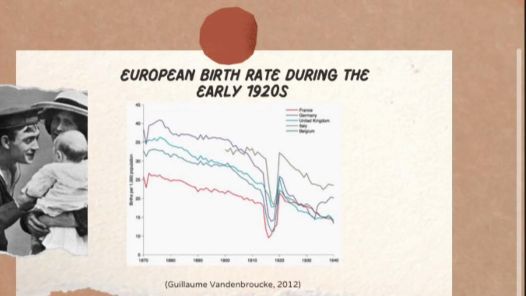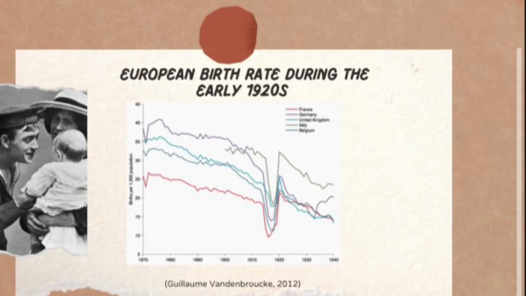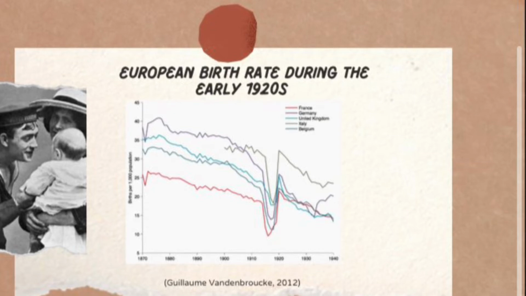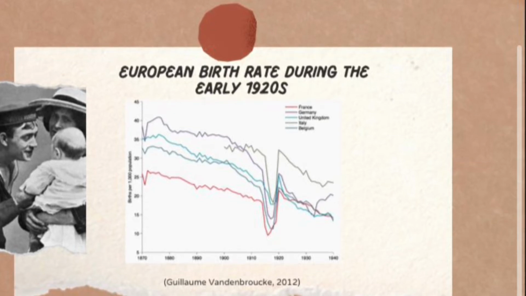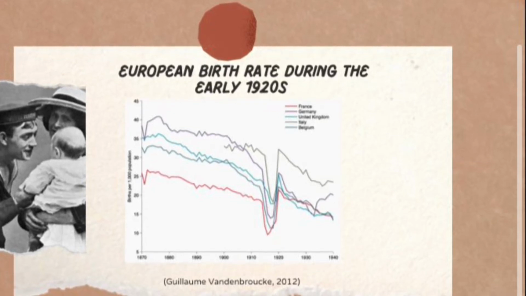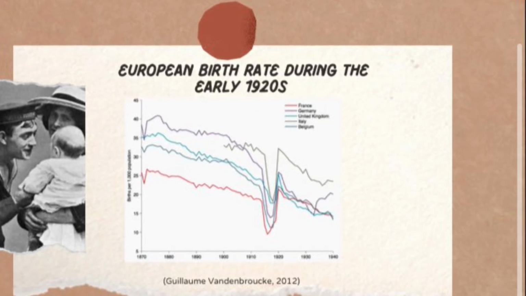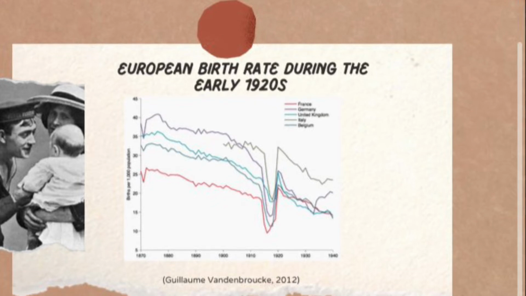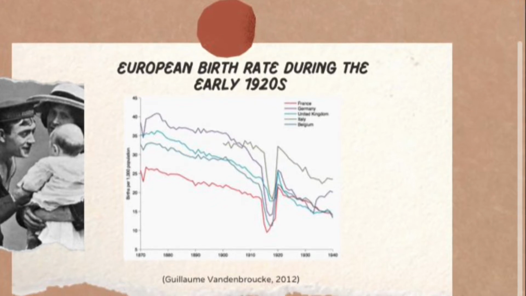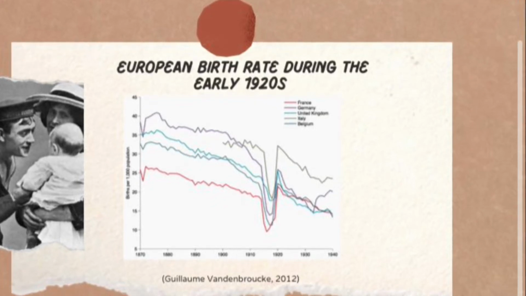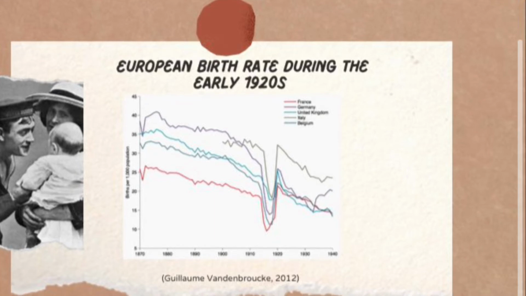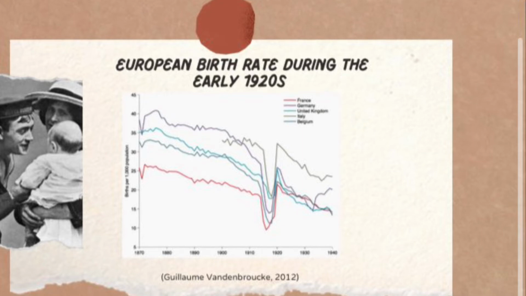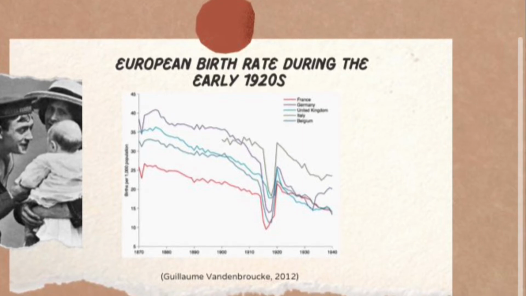I really like to link this as a domino effect so that you can visualize it better, because everything led to another thing and everything was linked. So casualties were of course linked to birth rates. Birth rates collapsed. In France, birth rates went down by about 1.4 million, and that's the number of military men that died.